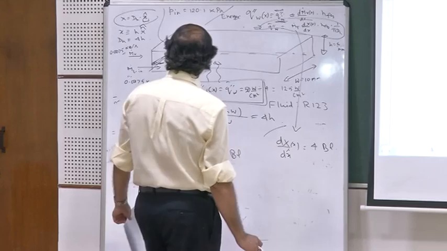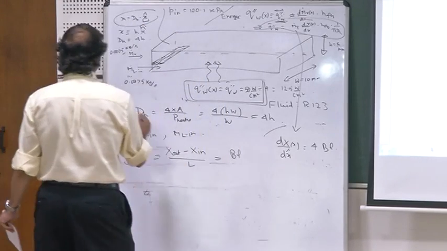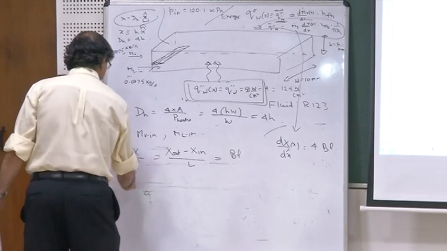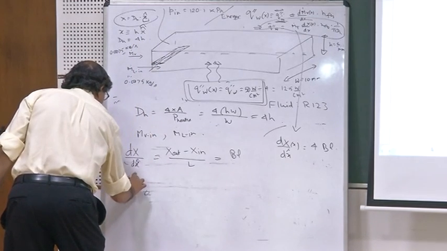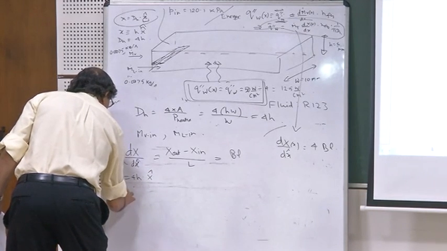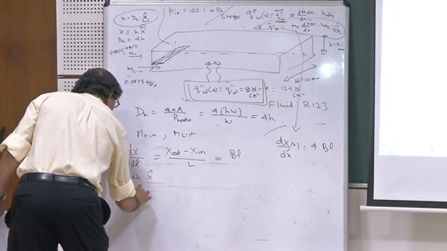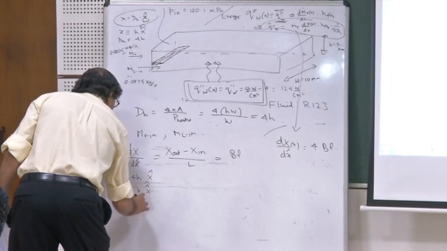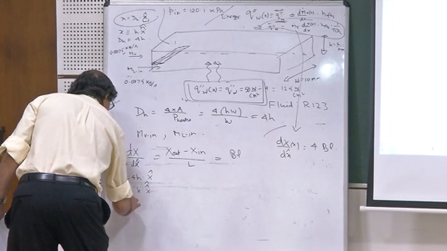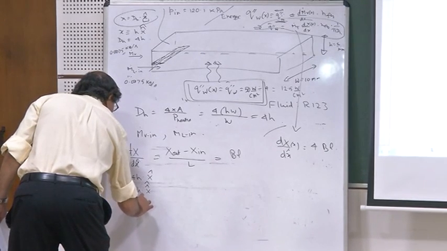But if you were to replace X double caret, and this is X caret, X equal to 4H X caret, and if I call X equal to H X double caret, then X double caret is equal to 4 times X caret.